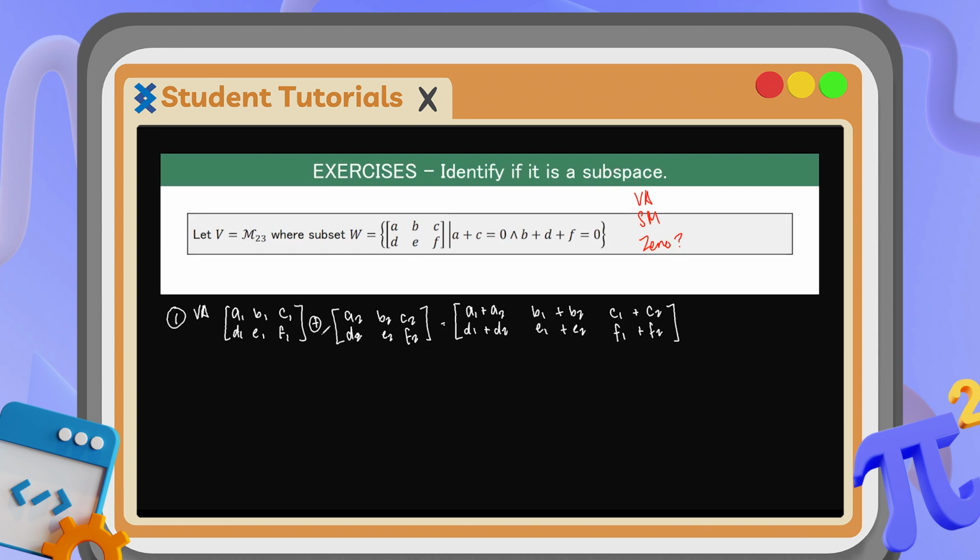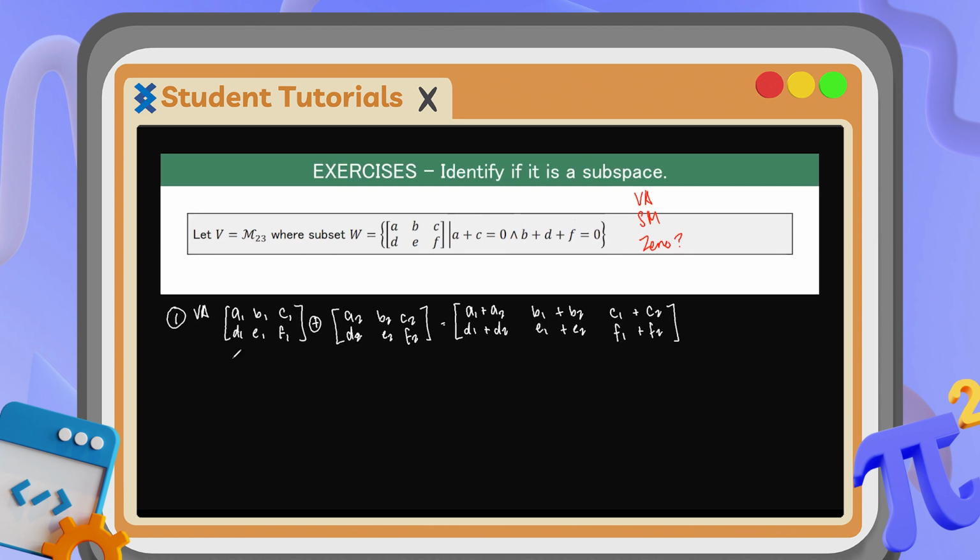So from here, we then apply the two properties that are mentioned here. A plus c is equal to 0, and b plus d plus f is equal to 0. So combining these, we have to apply to each and every matrix first before the result.